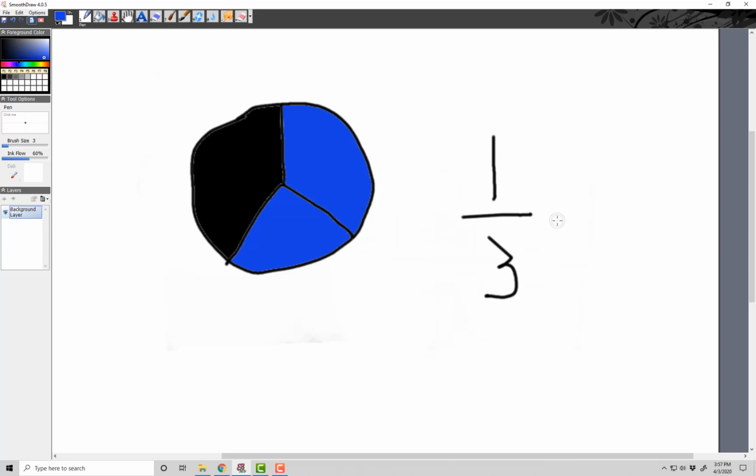Daddy is going to eat this many. So the pie is still in 3 pieces, right? But Daddy ate 2. Let's try that again. Daddy ate 2. Okay?